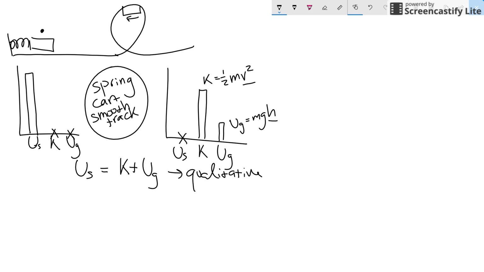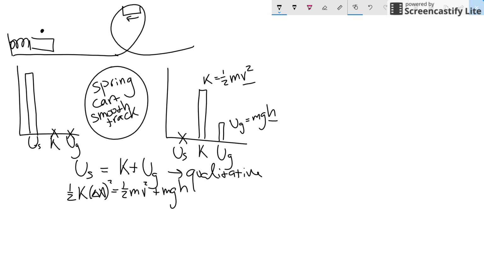Now let's make quantitative. So I know the formula for spring energy is 1/2 K delta X squared. I know the formula for kinetic energy is 1/2 mv squared, and I know the formula for gravitational potential energy is mgh.